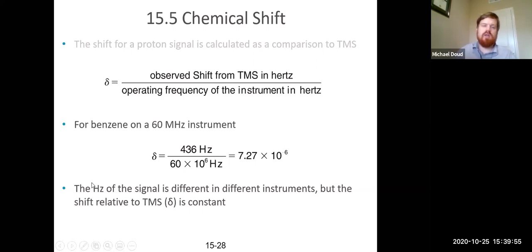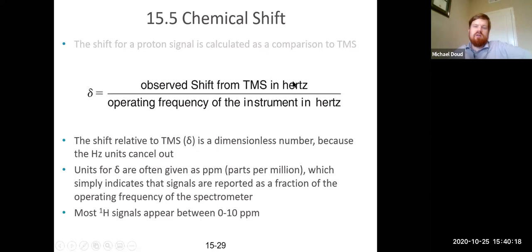One thing to point out here is that the strength of the magnet can vary from one instrument to another, but the relative shift will remain the same. That's why we use this relative shift compared to the observed shift, because we want to make sure that it's the same between different instruments.